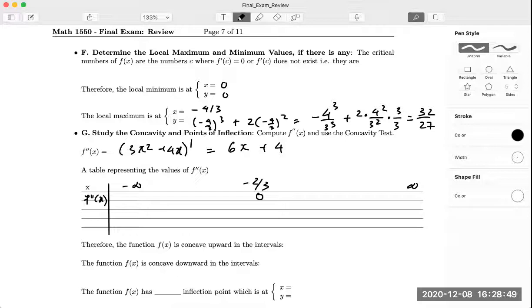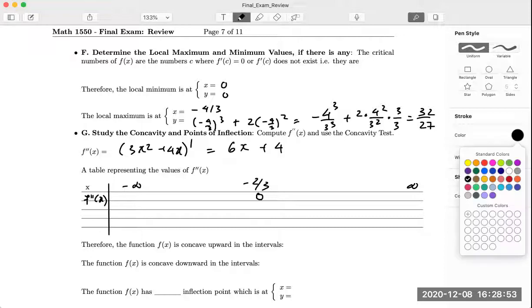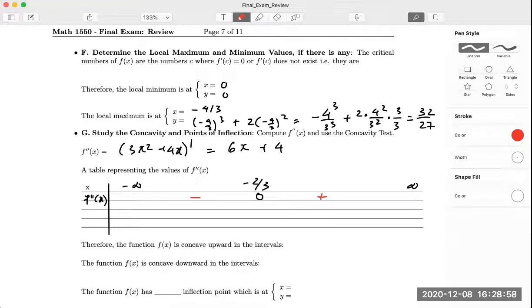Therefore, on the left-hand side, the sign of 6x plus 4 is negative, and on the right-hand side it is positive. So on the left-hand side, it is concave down. On the right-hand side, it is concave up.